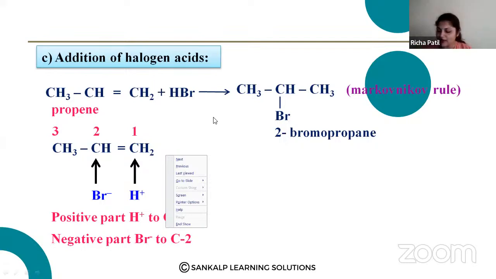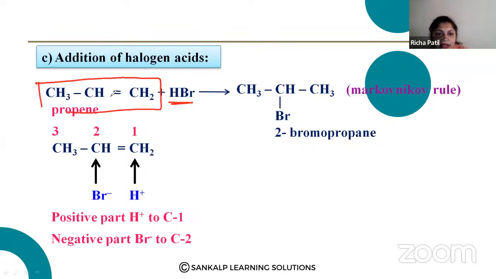So, addition of halogen acid. Addition of halogen acid is what? It's HBr. So this is an unsymmetrical alkene. Unsymmetrical alkene means the carbon atoms across the double bond are different; they are not the same.